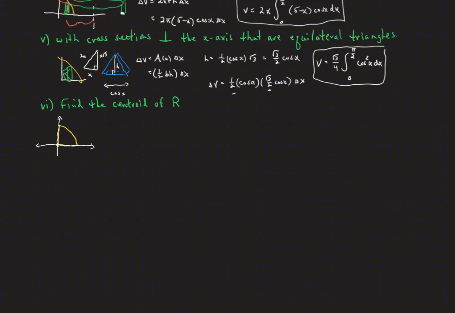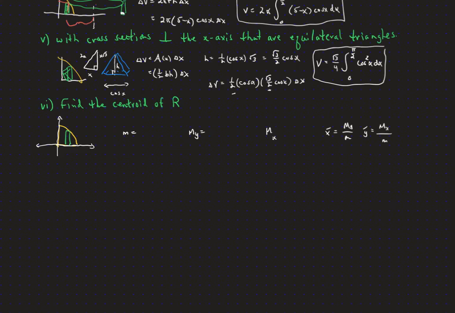So if we look at a representative rectangle, we're going to need to figure out the mass, the moment about the y-axis, and the moment about the x-axis, so that we can get x-bar, the x-coordinate of the center of mass or centroid, which is the moment about the y-axis over the mass, and y-bar will be the moment about the x-axis over the mass.